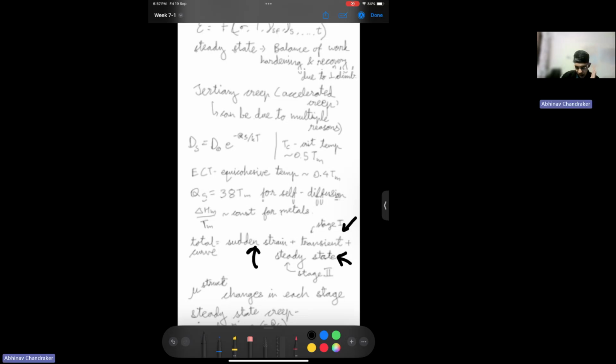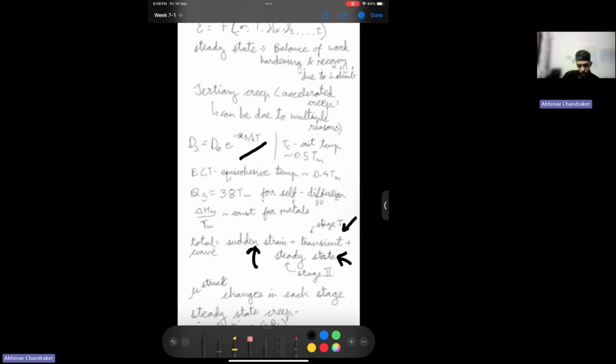Here temperature plays an important role because this is time dependent. So majorly what this time dependent signifies is that you have enough time for thermal processes to play a significant role. So diffusion plays a big role in almost all creep processes, and you quantify it by what I had earlier also mentioned, the Arrhenius type of equation, D naught e raised to minus Qs by kT.